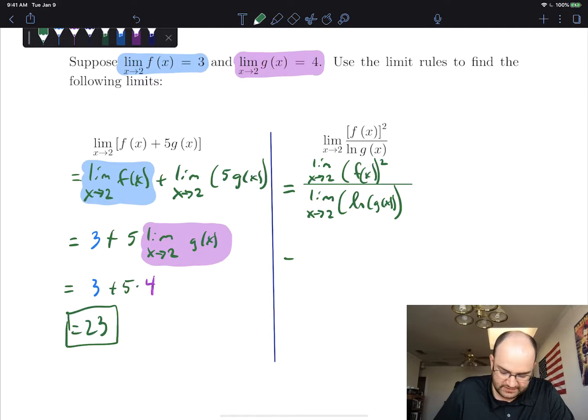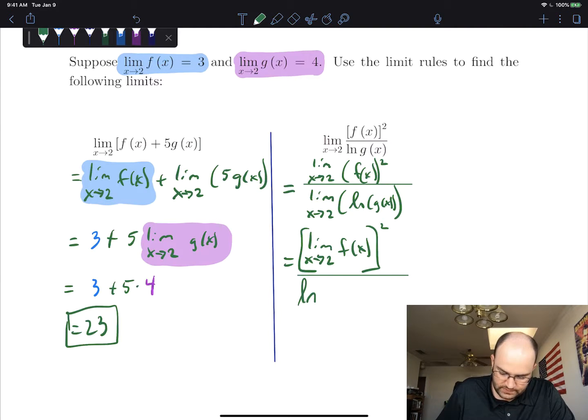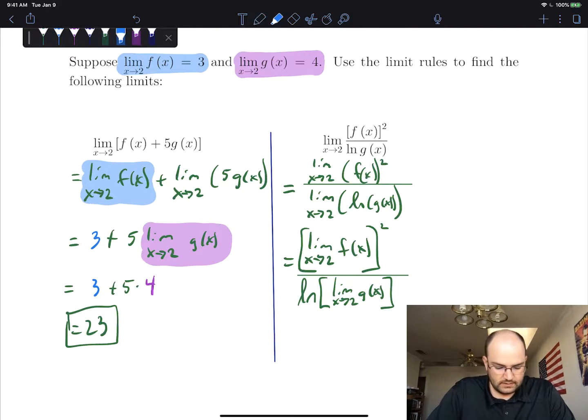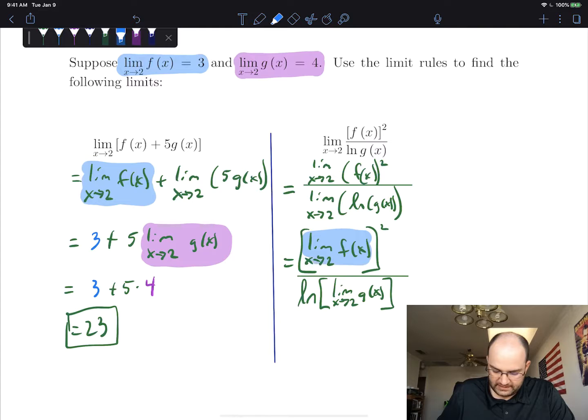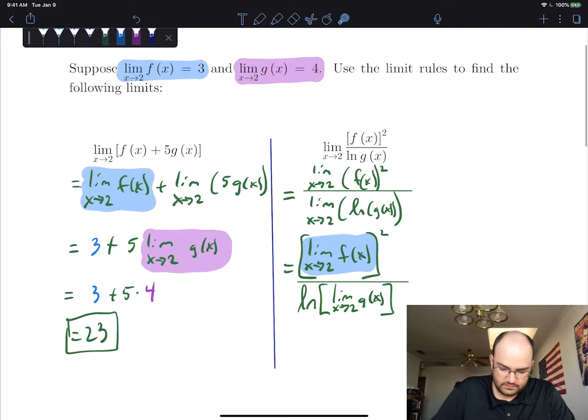So this is going to give us the limit as x approaches 2 of f of x, and then all of that would be squared all over the natural log of the limit as x approaches 2 of g of x. Now notice that right here, all of that is just the number 3, and all of this right here is just 4.